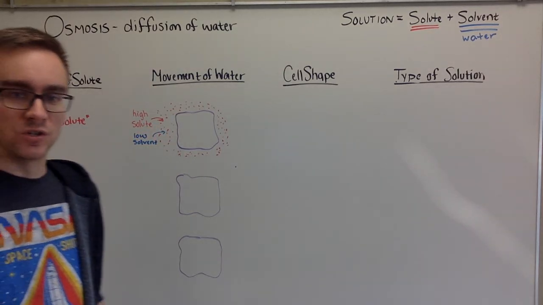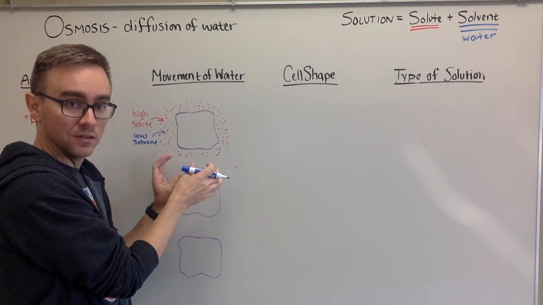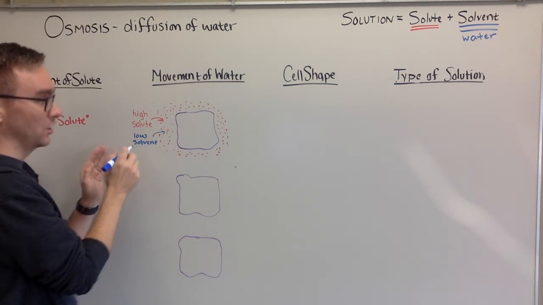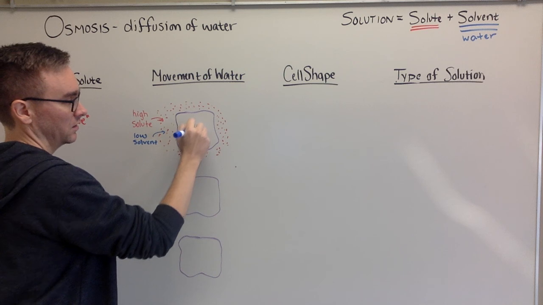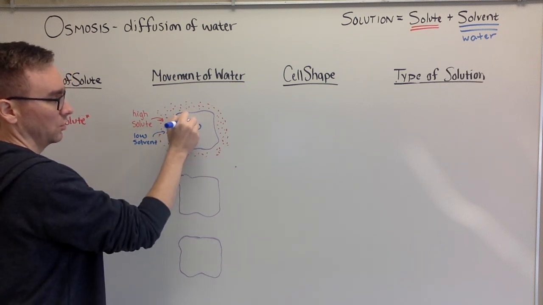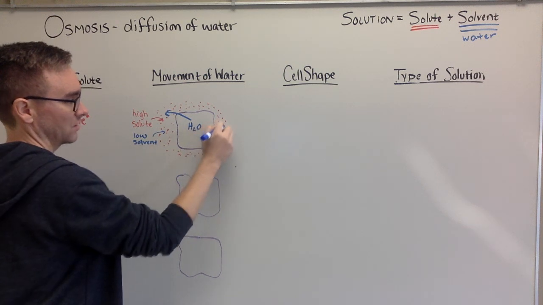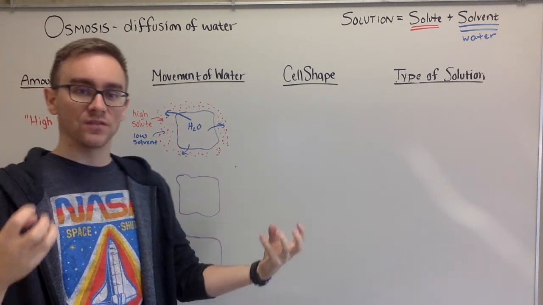Which means if there's a higher concentration of solute on the outside than there is on the inside, we always rush from high to low. So in this case, the water is going to rush to the lower concentration of water. Water is going to rush out of the cell. Water is going to rush out of the cell.